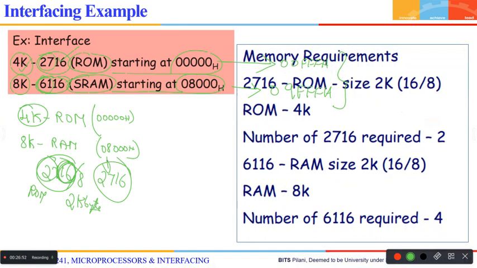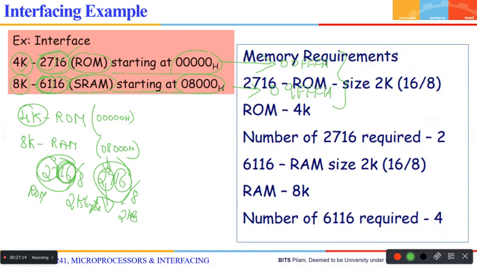The first two numbers identify whether it is ROM or RAM. The last two numbers, 16, divided by 8, is the size of the memory chip. Now tell me, what is the size of the 2716 memory chip?